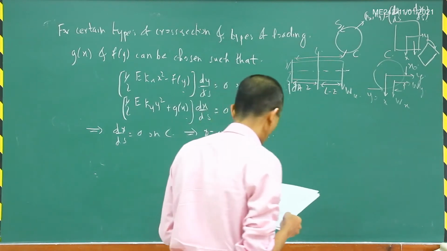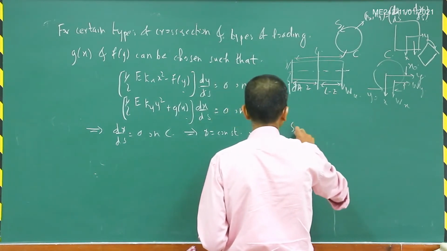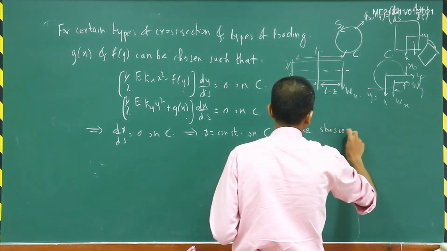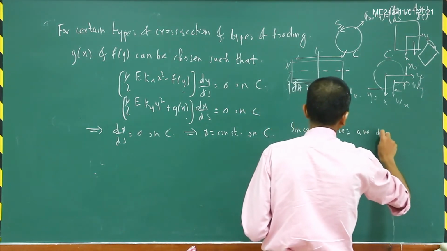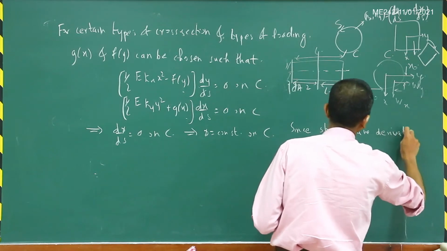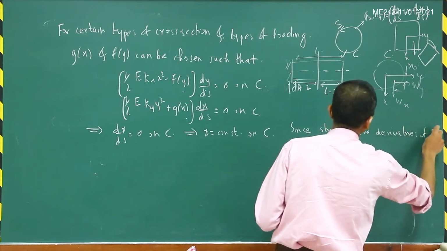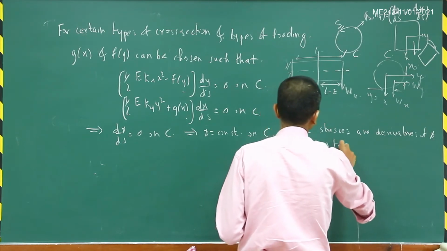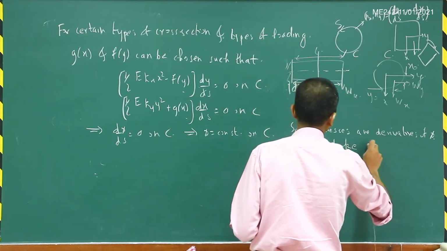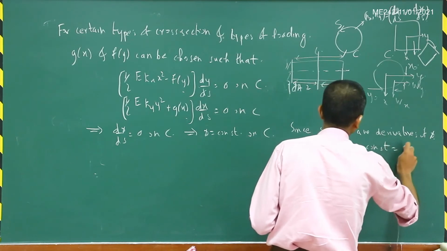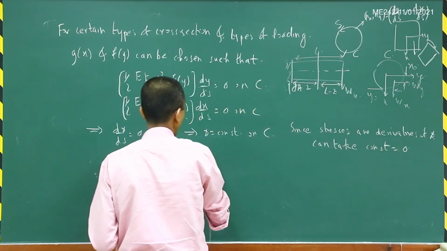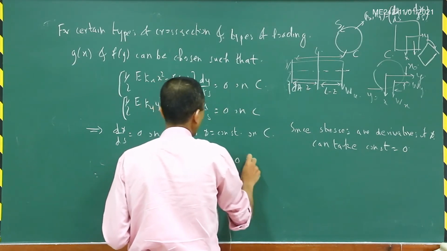Since stresses are derivatives of φ, we can take this constant to be 0. So this will imply that φ equals 0 on C.